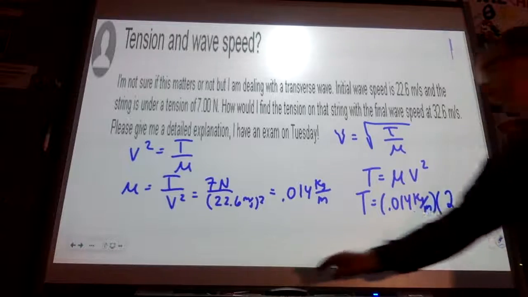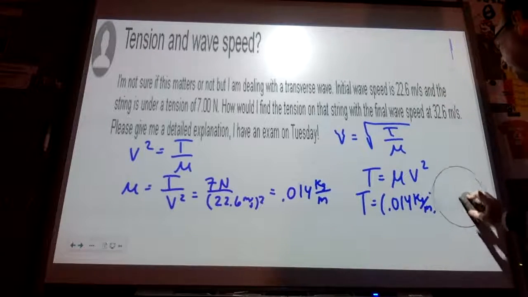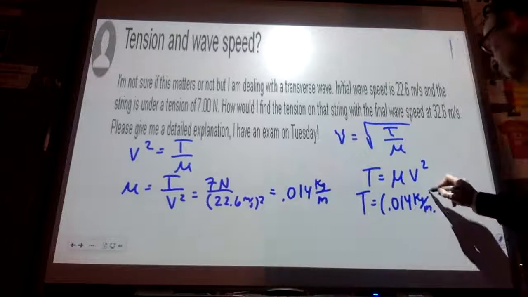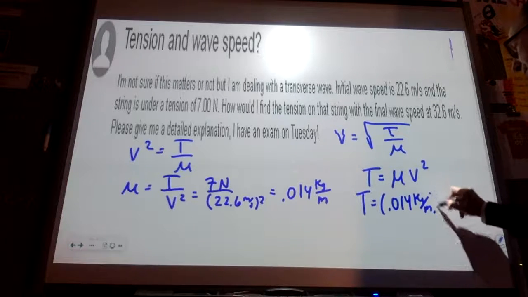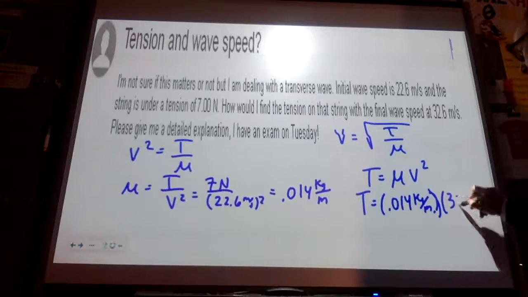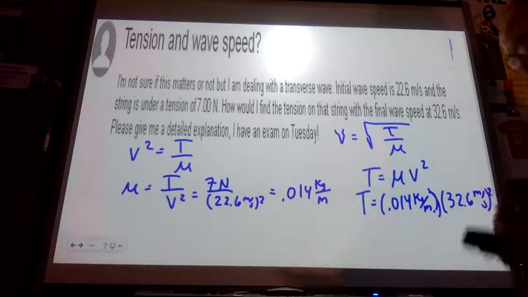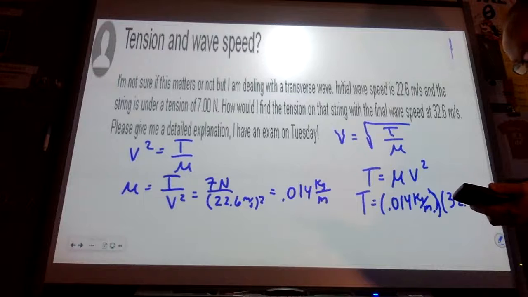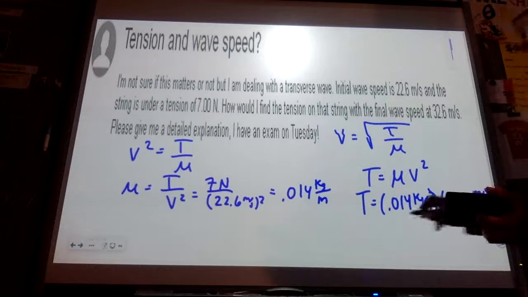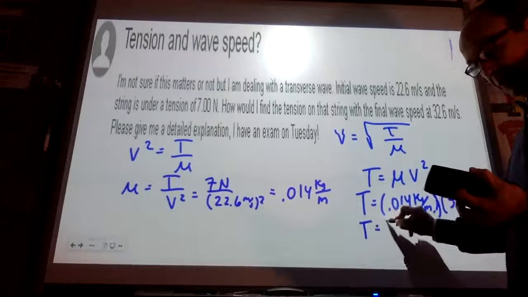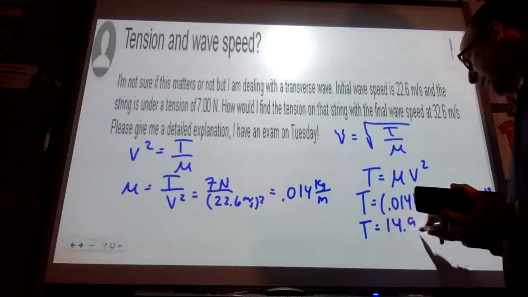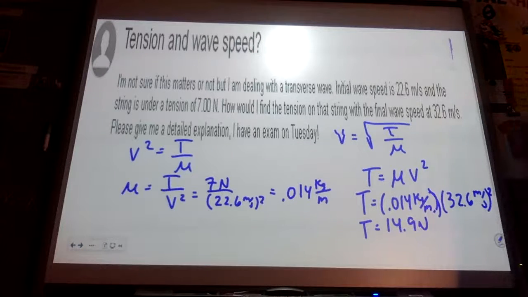I started writing the wrong velocity, so this should be 32.6. So it looks like our tension would be almost 15, 14.9 newtons.